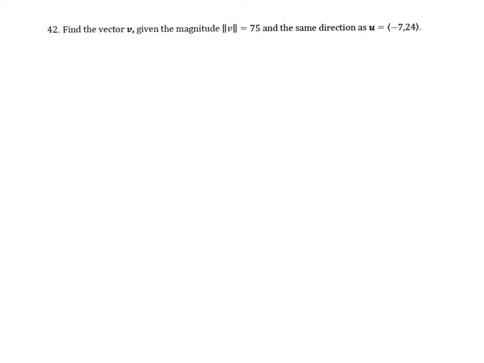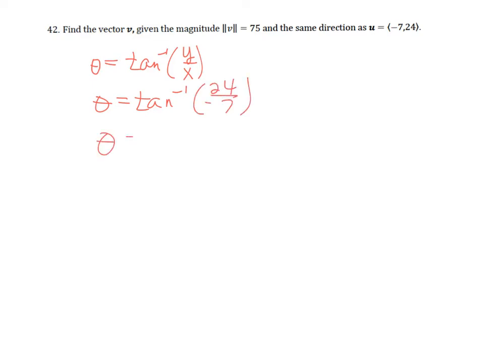So first let's find its direction. The direction is represented by theta, and it is the inverse tangent of the y component divided by the x component. So in this case, it's the inverse tangent of 24 over -7, which is 106 degrees.